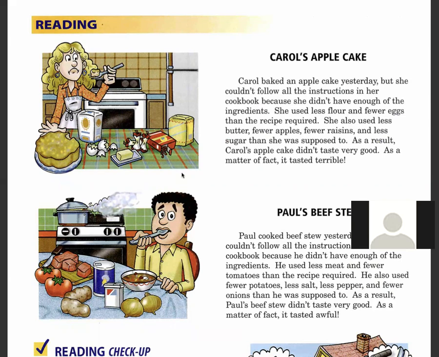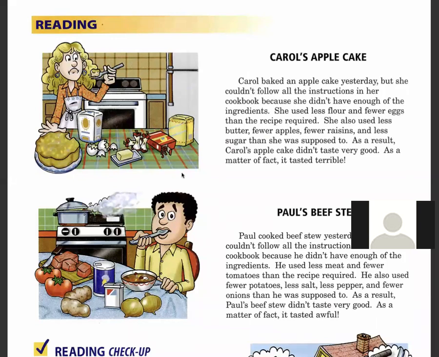Carol baked an apple cake yesterday, but she couldn't follow all the instructions in her cookbook because she didn't have enough of the ingredients. She used less flour and fewer eggs than the recipe required.